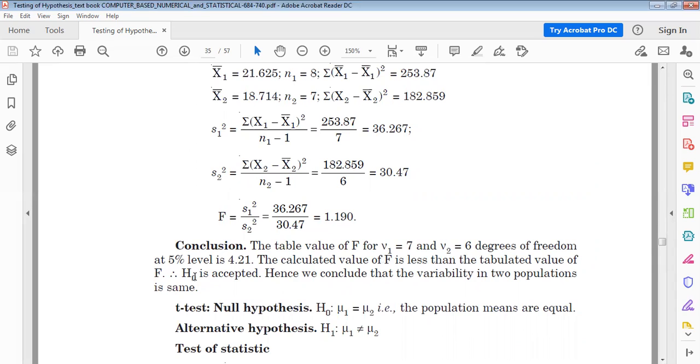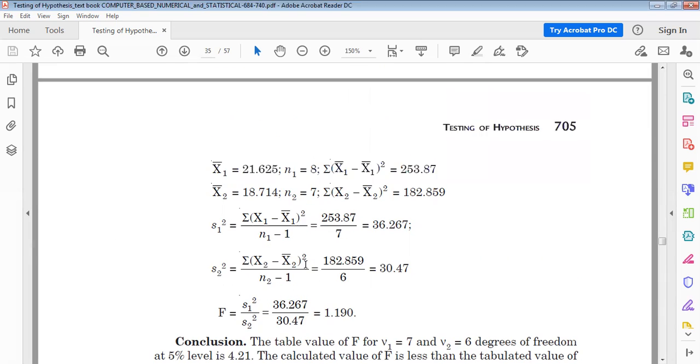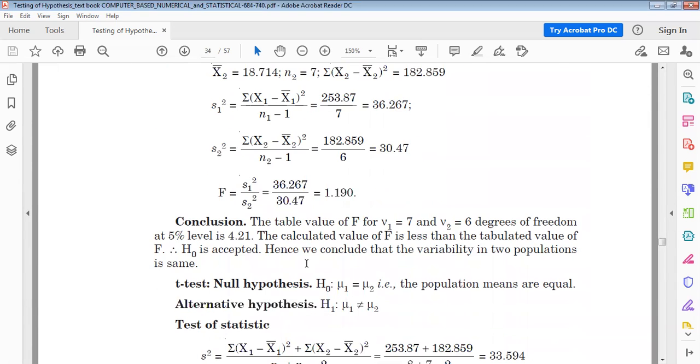If it is less, then it is accepted; remember it. Since this is less than the table value 4.21, the null hypothesis is accepted. Hence, we can conclude that the variability of the two populations is the same.